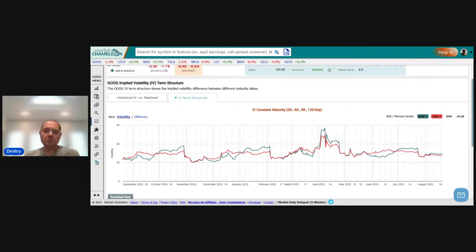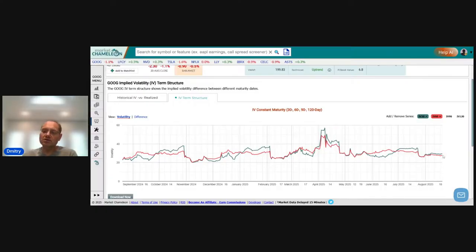It crosses over. So we could tell just by eyeballing it here that sometimes you'll have the 30-day implied volatility go above the 60-day. Sometimes the 30-day implied volatility is trading below the 60-day. And sometimes they're very close together.